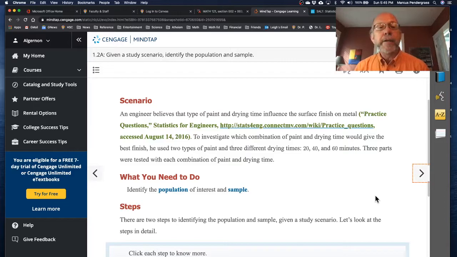And they give us a link here to the article. To investigate which combination of paint and drying time would give the best finish, the engineer uses two types of paint and three different drying times, 20, 40, and 60 minutes. 3 parts were tested with each combination of paint and drying time. And so what we want to do here is identify the population of interest and the sample.